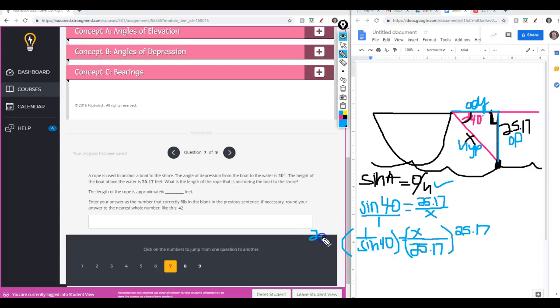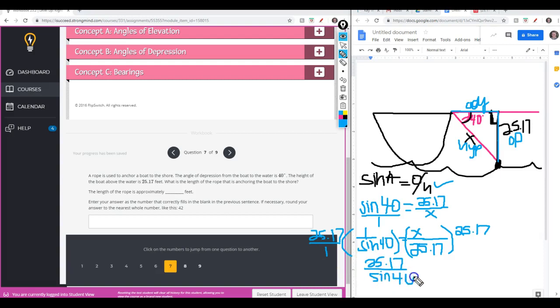So we have 25.17. Again, remember, any number can be written as a fraction over 1. So when we multiply fractions, it's top to top, bottom to bottom. So 25.17 times 1 is 25.17. And 1 times sine of 40 is sine of 40.